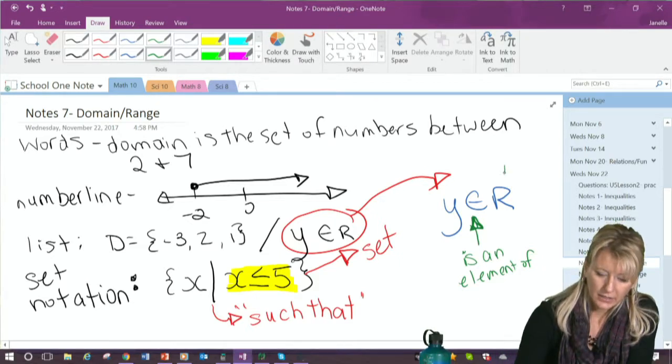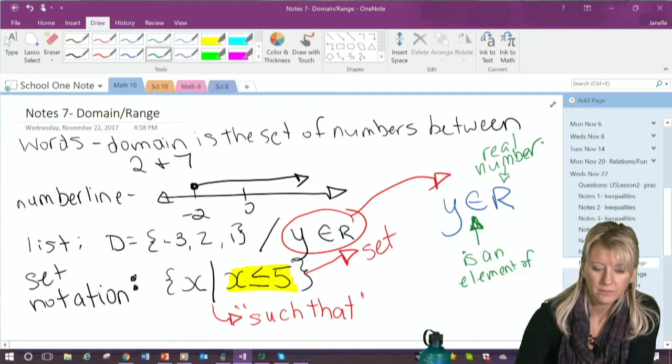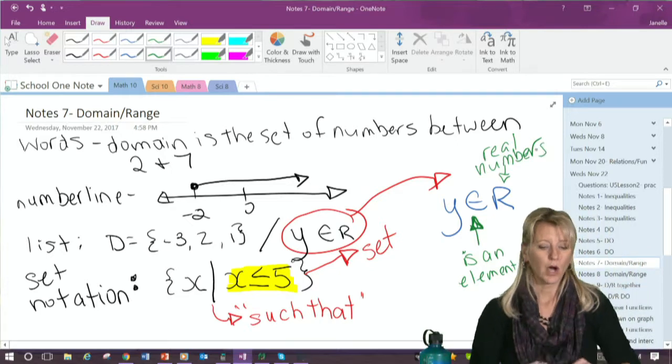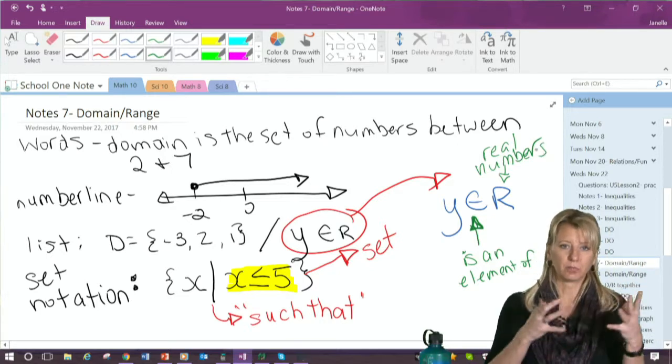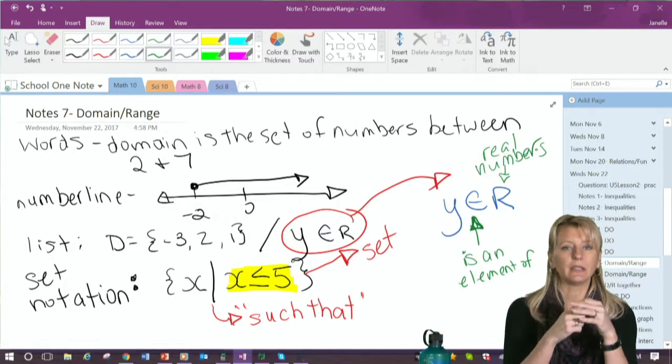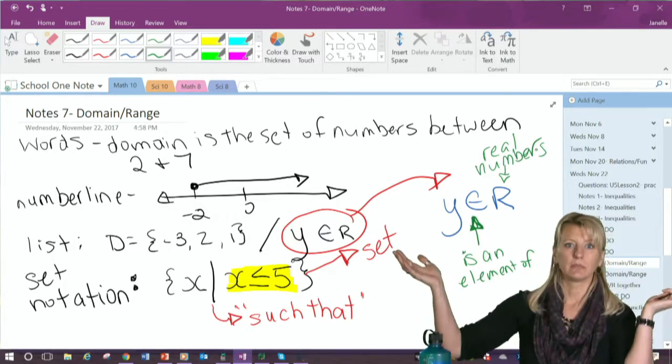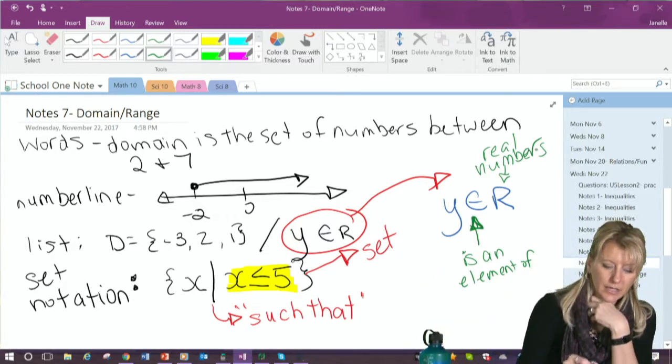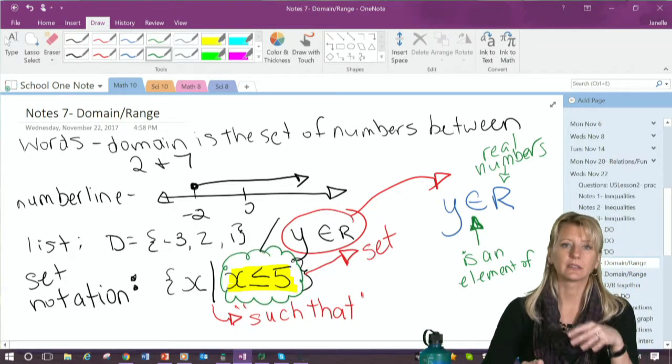And then this guy here, the capital R means real numbers. So when I say that Y is a part of all the real numbers, that means it can be any number. This one doesn't say X can be all the real numbers, because it can't.